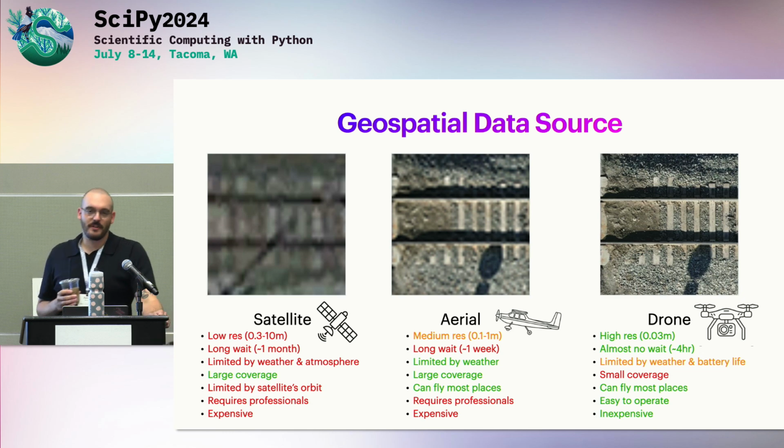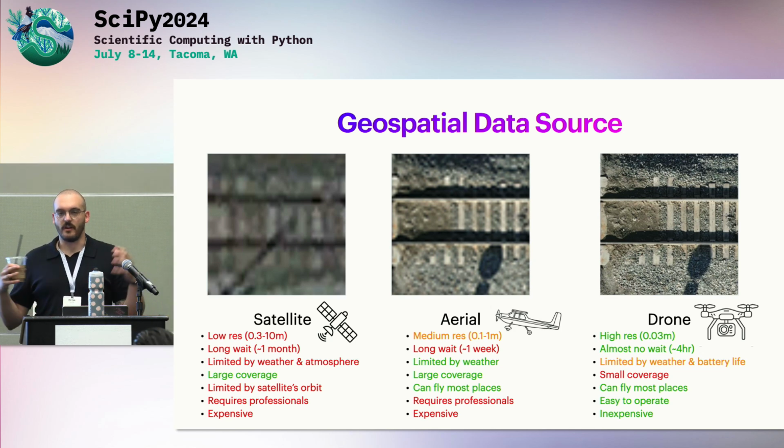Is anyone familiar with satellite imagery or geospatial? Yeah? Cool. I used to work at a satellite imagery company, so I was all about satellite imagery, and now I'm not all about it. It's really expensive. It's complex to task the satellites since they're stuck in an orbit. The resolution, even though it's impressively high for being out in outer space, is pretty low.